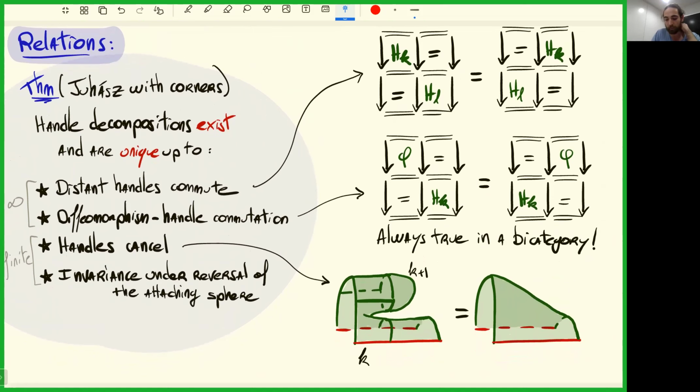In a bicategory, if I have a morphism composed with an identity, and then I compose it in the other direction with an identity composed with another morphism, these two things have a mixed associativity of vertical and horizontal composition. Similarly, the commutation rule for diffeomorphisms and handles can be expressed by the exact same drawing.